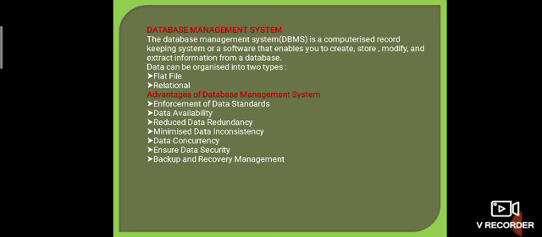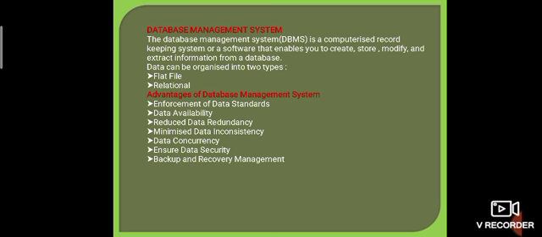The main function of DBMS is to provide the users with efficient and reliable method of data storage, modification, and retrieval. In addition, it saves time, efforts, and reduces the chances of errors creeping into the database to a great extent.